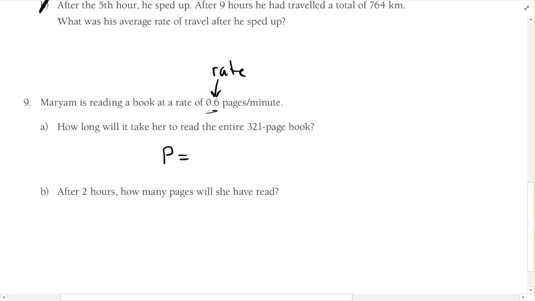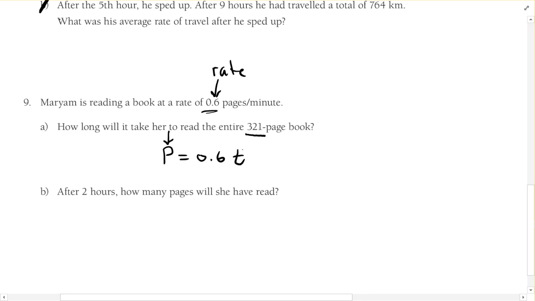So our rate we have, so it's going to be 0.6 times time in minutes. So that's our general equation there. So it says, how long will it take her to read the entire 321-page book? Well, all we need to do is replace number of pages with 321 and then solve for t. So let's do that over here.